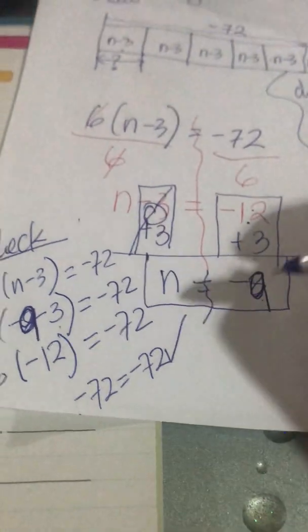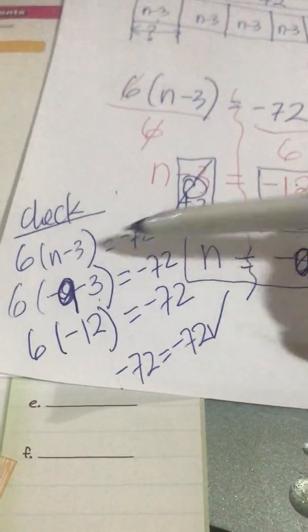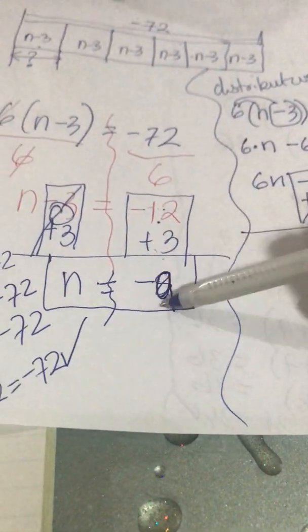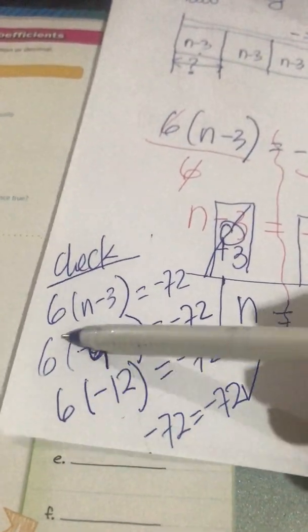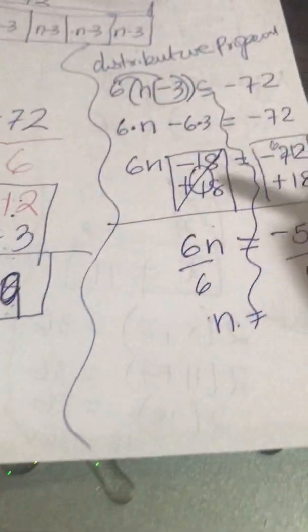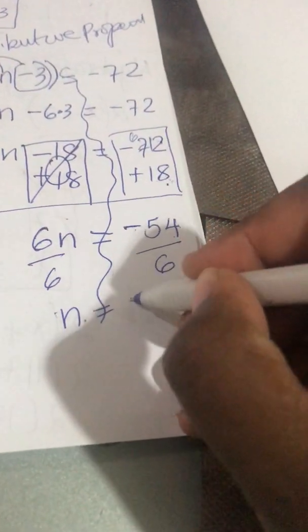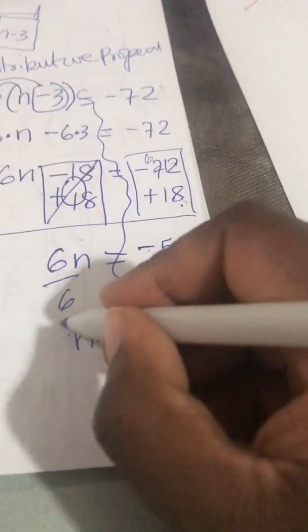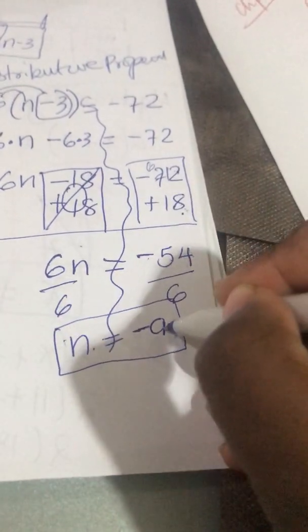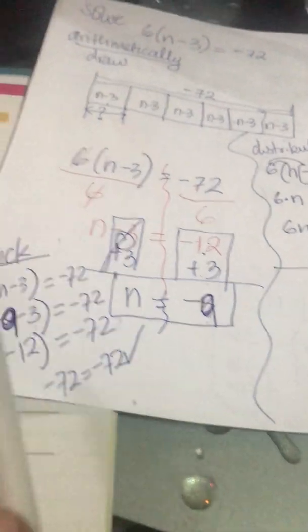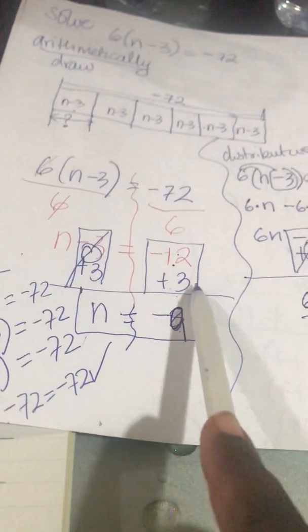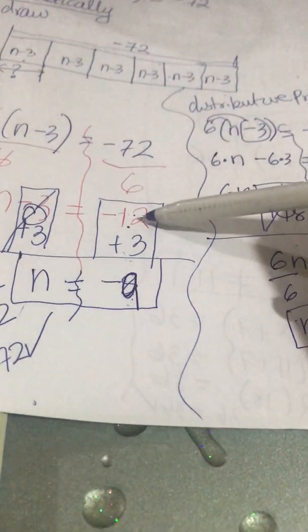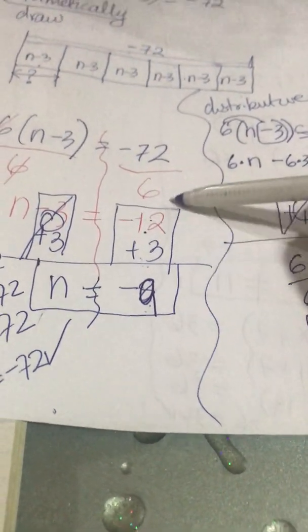I was wondering what was not making sense. All right, here. Negative 12 plus 3 is negative 9. Then negative 9 minus 3, negative 12. Like that. All right. So n equals negative 9. So this n is the same as that n. And then you check. So make sure you calculate. You see what problem I did? I forgot this was 12. So make sure you read and solve correctly.